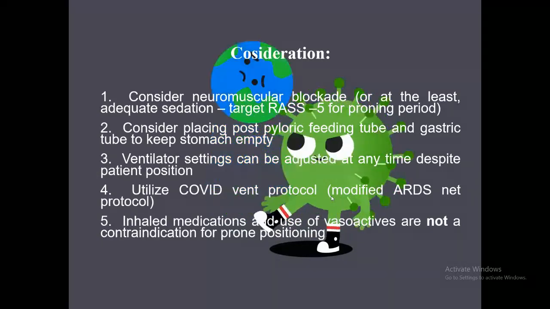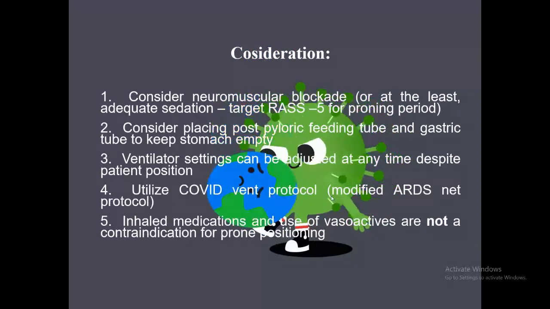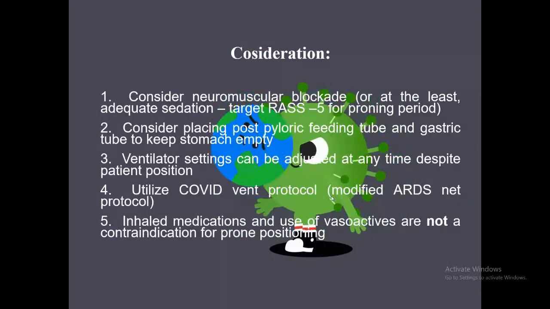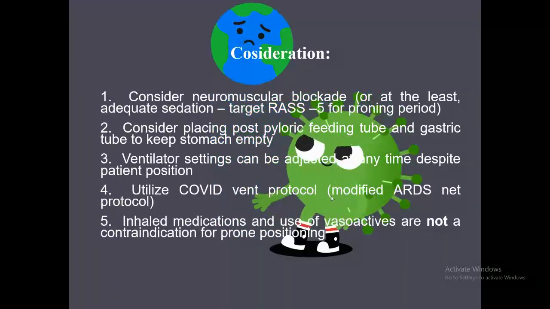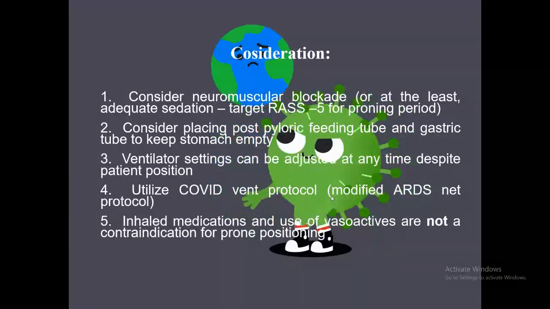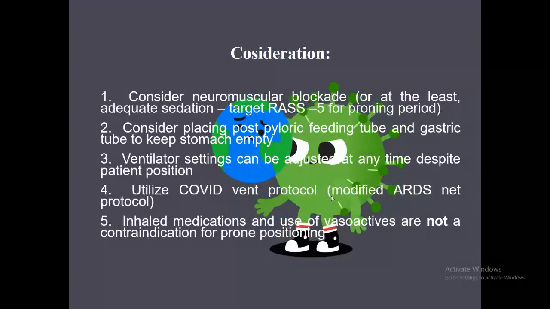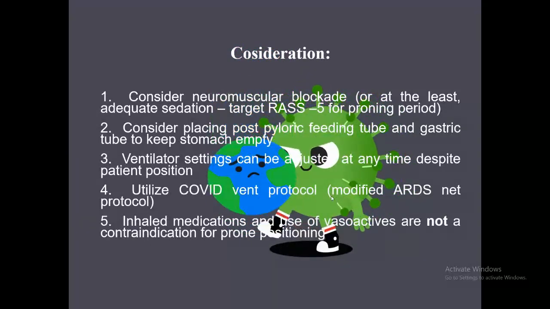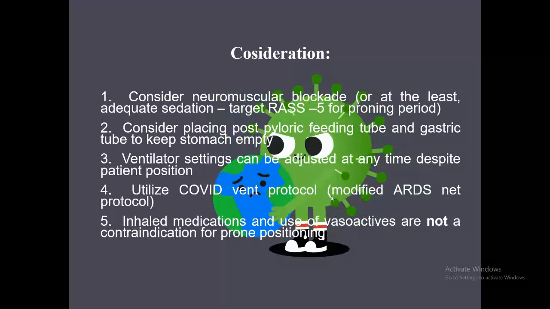Special consideration: your patient must be deeply sedated, and it is preferable to paralyze them to avoid any sudden movement and self-extubation. Consider placing a post-pyloric feeding tube and a gastric tube to keep the stomach empty, though this technique is not always used in all centers.